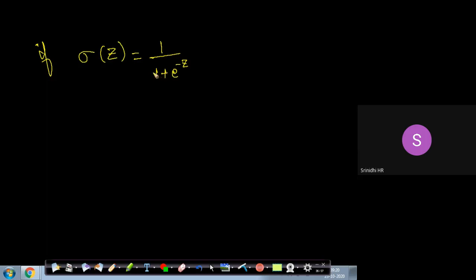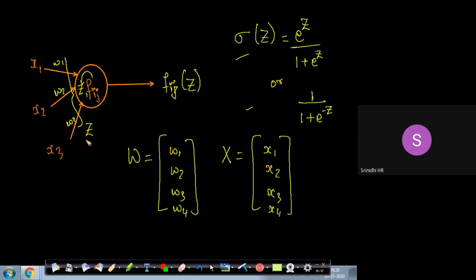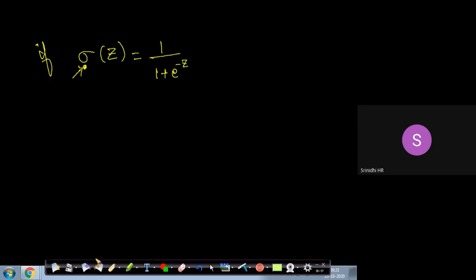Now I am finding the derivative of this sigmoid. Previously, we took this Z and applied the sigmoid function to it. Now I want to find the derivative of this sigmoid function only. Could you please remember, when it comes to differentiation, what is the derivative formula?